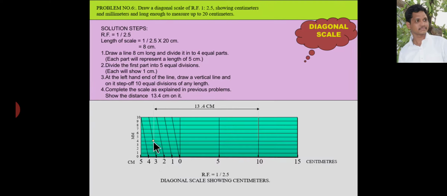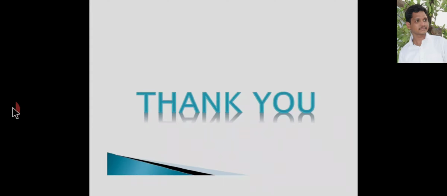So 13 centimeters from here to here. 1, 2, 3, 4. So this is 0.4, 4 mm. So from here to here 3.4 plus 10, total 13.4 centimeters. Okay, thank you.